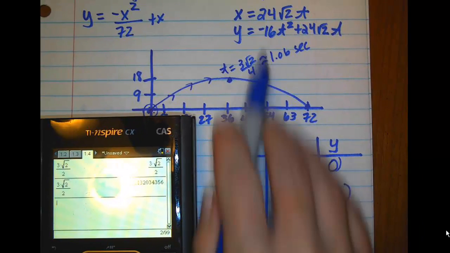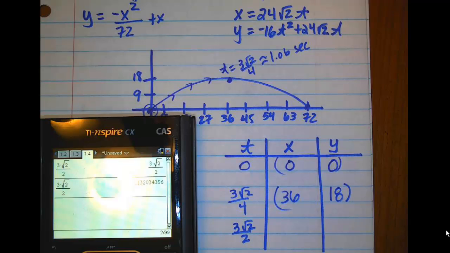Okay. So again, if I plug it in for my x, if I take 24 root 2 and multiply it by 3 root 2 divided by 2, I get 72. And if I take 3 root 2 over 2 and put it in for my y coordinate, I would get negative 16 times (3 root 2 divided by 2) squared plus 24 root 2 times 3 root 2 divided by 2.